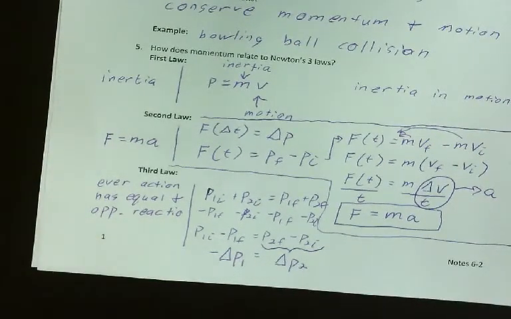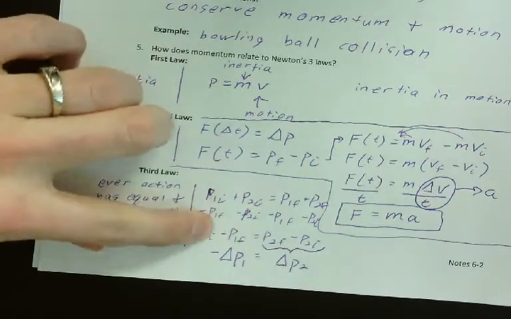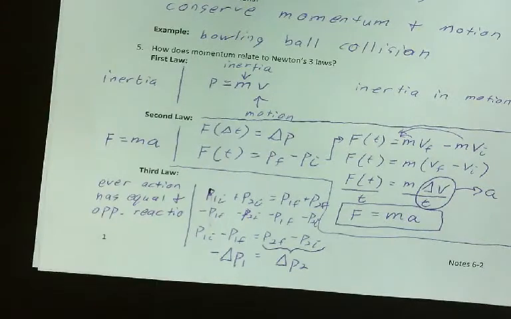Conservation of momentum is the third law. Again, I'm not going to make you do all these steps on a test, but you should be able to explain it to me. You should be able to explain to me that Newton's third law is conservation of momentum. Okay? You should be able to explain that conservation of momentum is that.